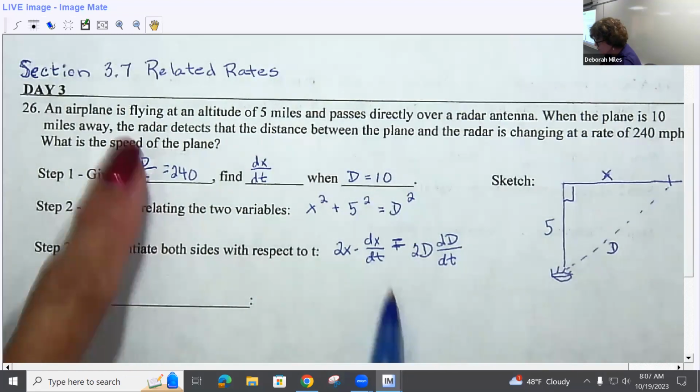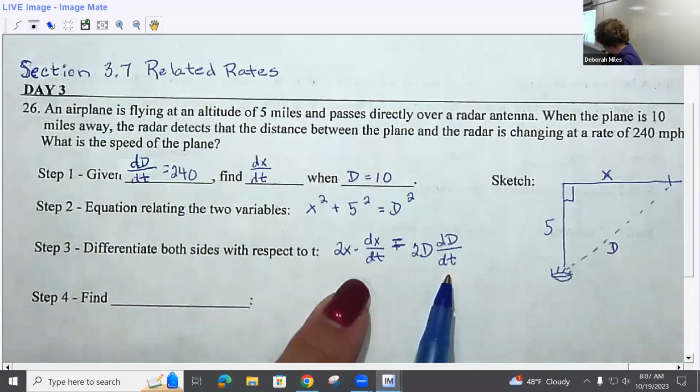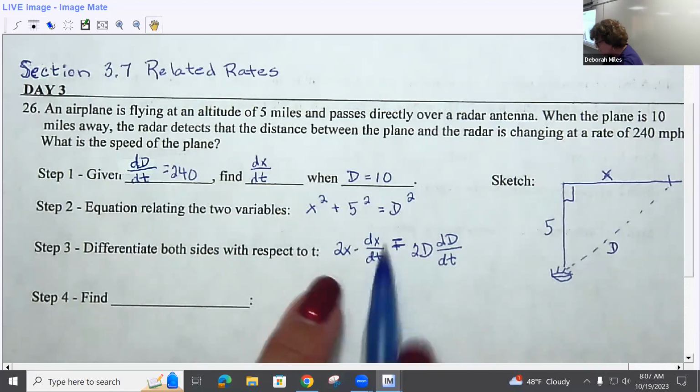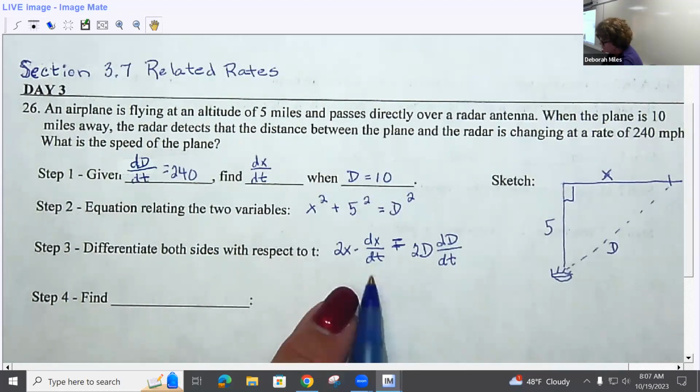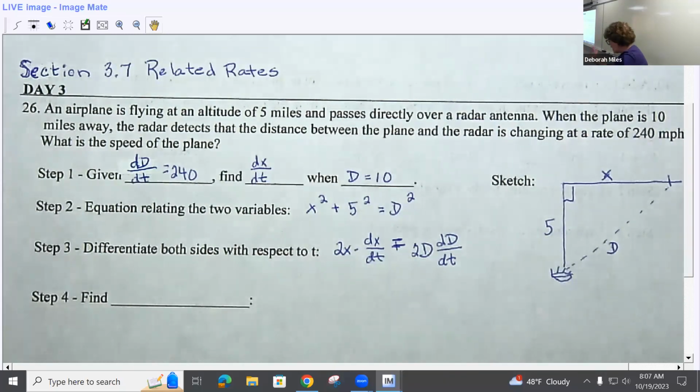I can either substitute numbers now that I've differentiated and then solve for dx over dt, or, for this problem, it's really easy to get the dx over dt by itself before I substitute the numbers. So it doesn't matter which one you do. If you look at CalcChat, and try not to, but if you get absolutely stuck, you'll notice them doing problems in lots of different ways.